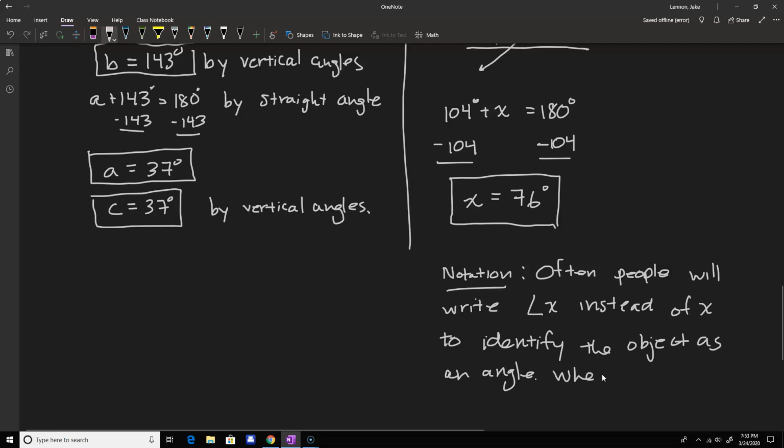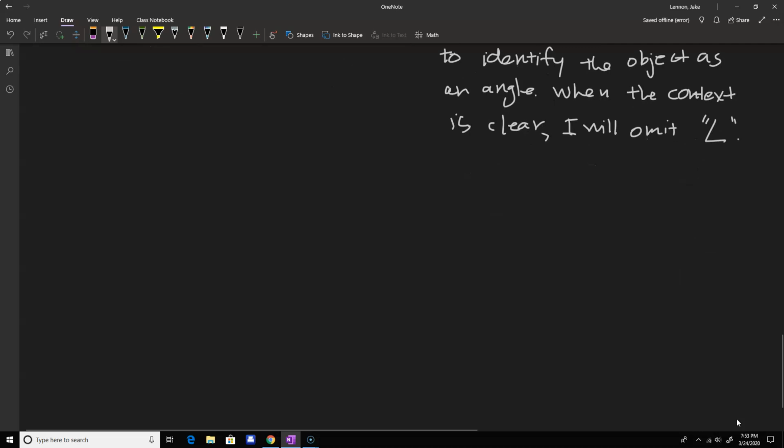When the context is clear, I will just omit the angle symbol. So I'll leave that off when it's clear, as it has been for the past couple. It's just normally a little bit of extra writing.